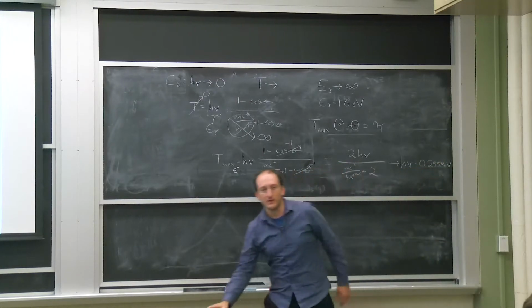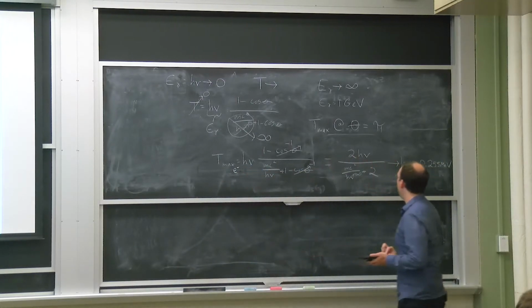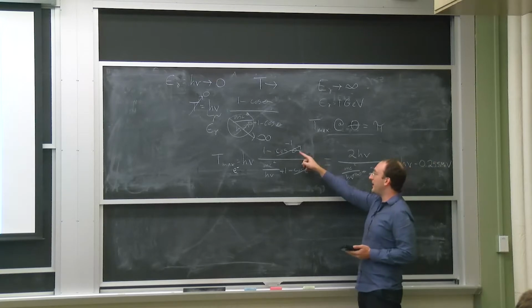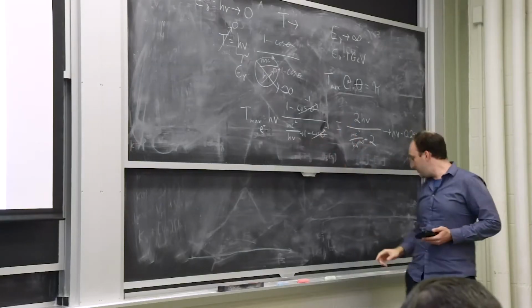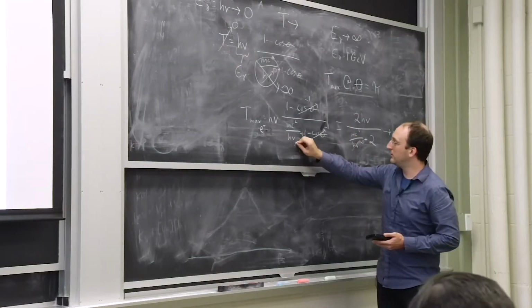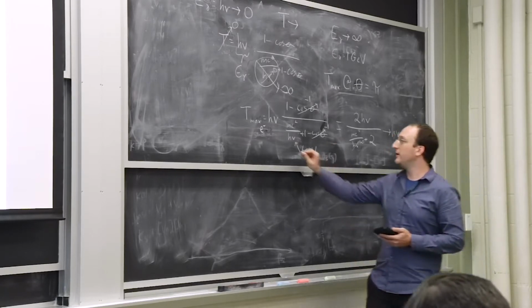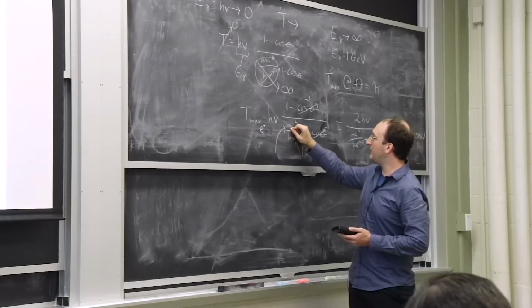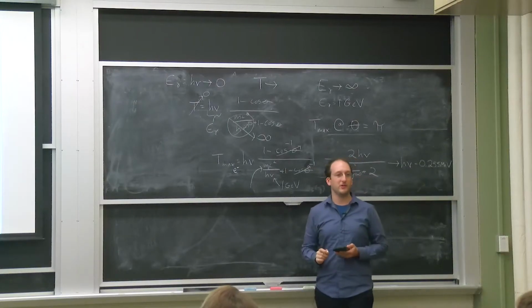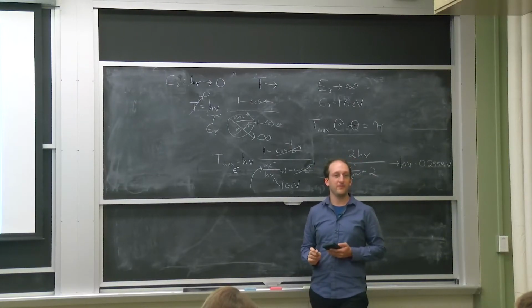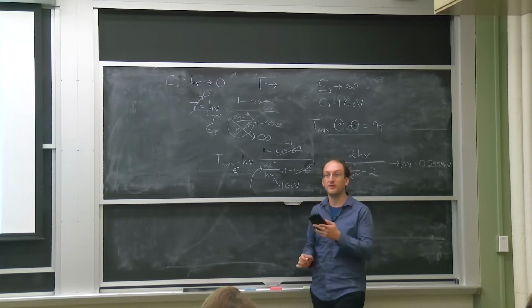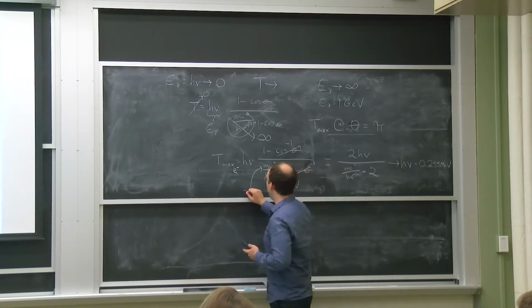Just to do the quick calculation, to give a numerical example, if I plug in theta equals pi and h nu equals 1 giga-electron volt, or 1,000 MeV, can anyone remind me what is the mass of the electron c squared? What's the rest mass of the electron? Sorry? 0.511. Right.